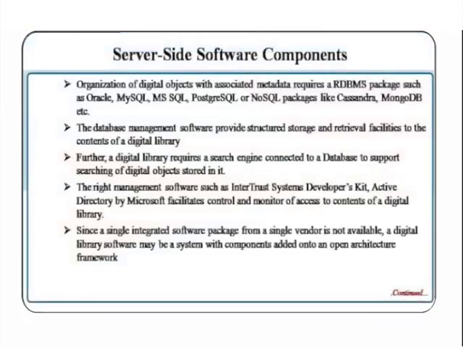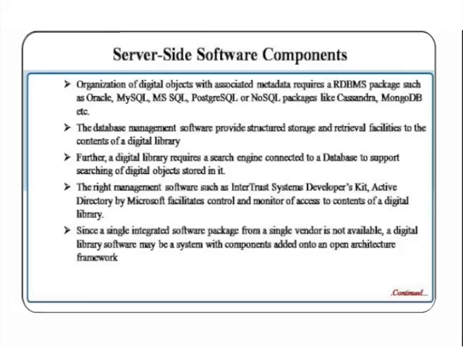Organization of digital objects with associated metadata requires an RDBMS package such as Oracle, MySQL, MS SQL, PostgreSQL, etc. Or one can also use NoSQL packages like Cassandra or MongoDB, etc. The database management software provides structured storage and retrieval facilities for the content of the digital library.